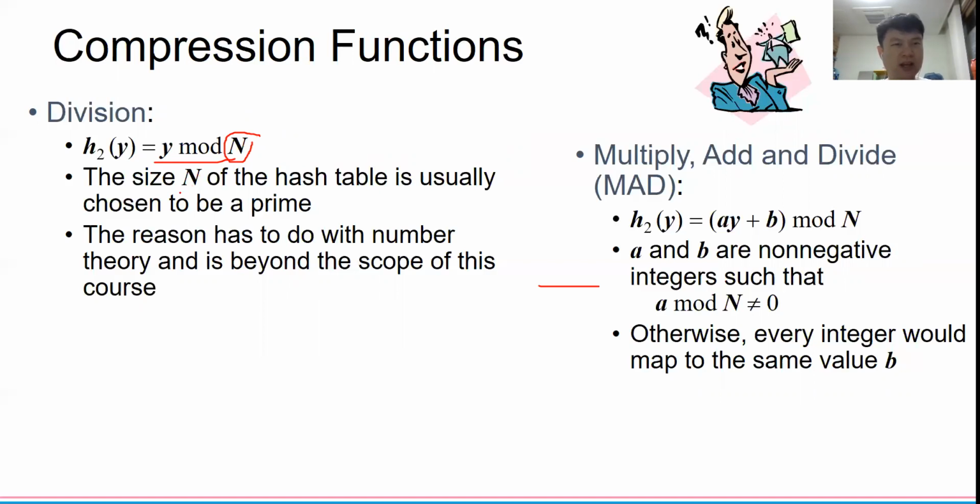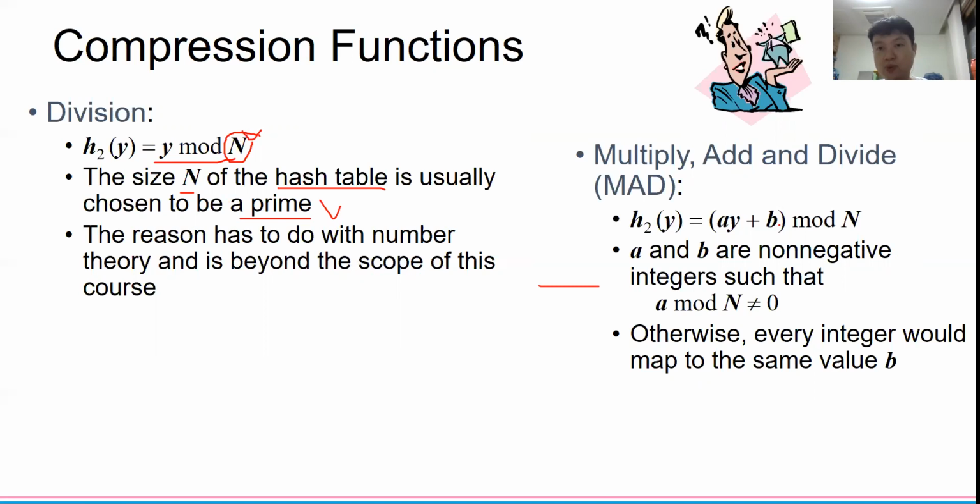In many good books, it says that n in the hash table is much better if it is a prime number. A prime number is a number that can be divided only by 1 and itself, like 3, 5, 7, 11, 13. The reason has to do with number theory and is beyond the scope of this course, so I will skip that and just use a prime number for n.